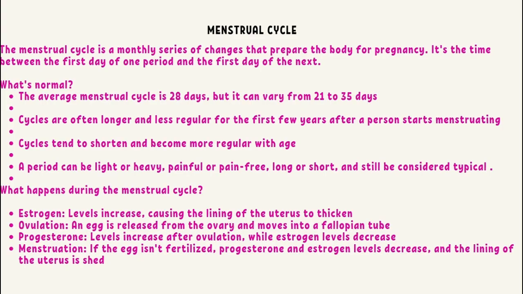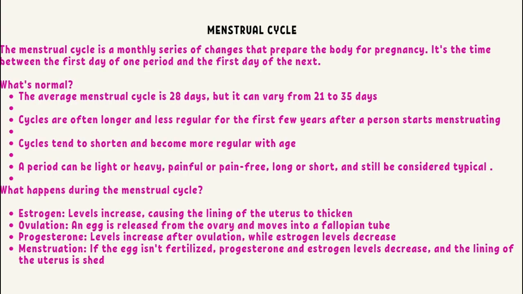Cycles tend to shorten and become more regular with age, and can be light or heavy, painful or pain-free, long or short, and still be considered typical, because pain is seen as normal and is very much normalized in today's society. About period cramps, it's normalized as if it's nothing, at least in today's society.